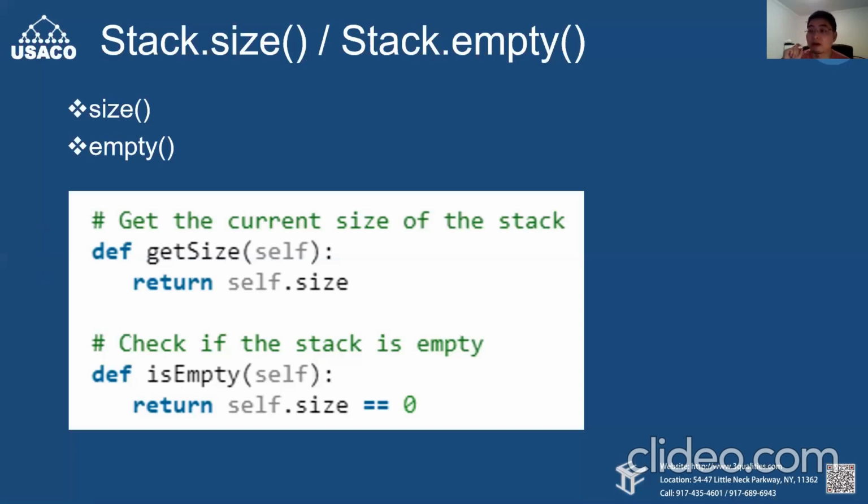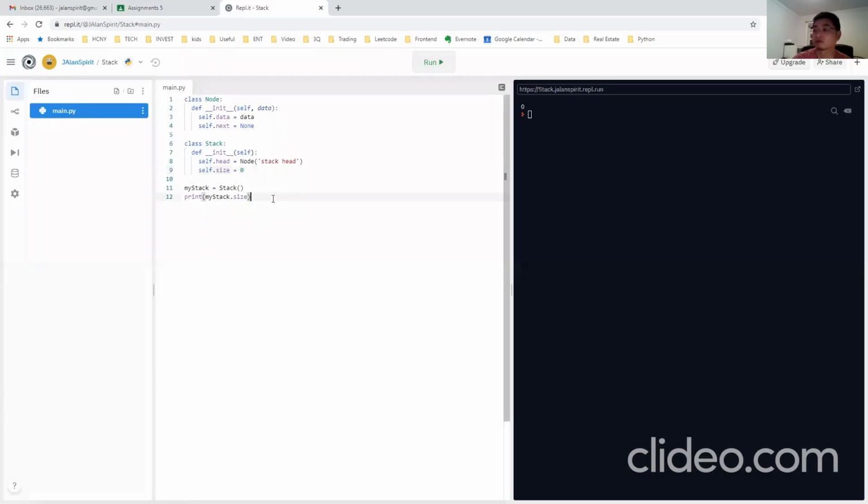But remember, the empty function will return a Boolean. So you have to have a condition. Here, we're going to check if the size property value is equal to 0. This condition is going to give you true or false. So now let's go back to finish our stack functions.